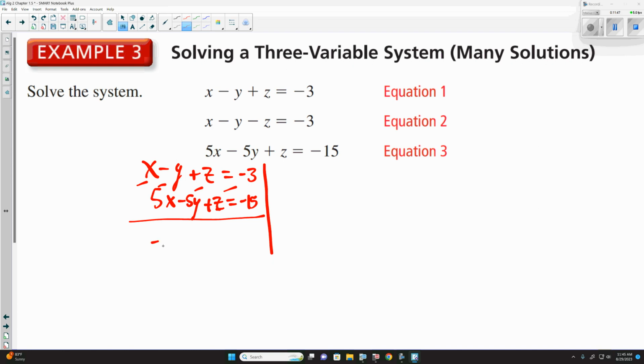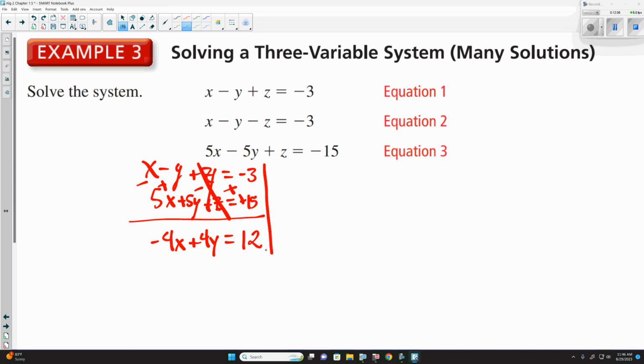X minus 5x is negative 4x. Negative y minus negative 5y. Negative negative makes it plus. We'd have plus 4y. Z minus z would cancel. Negative 3 minus negative 15 would end up being 12.